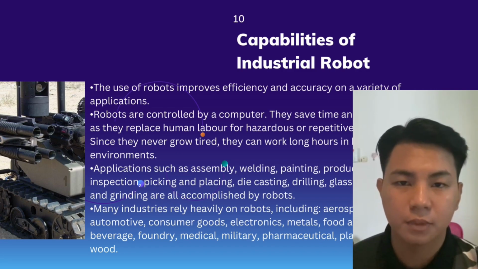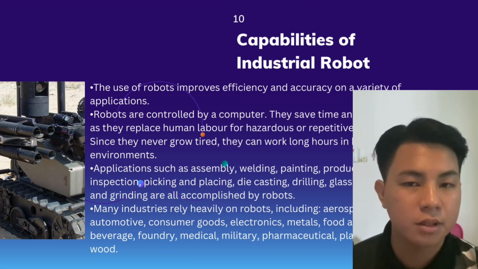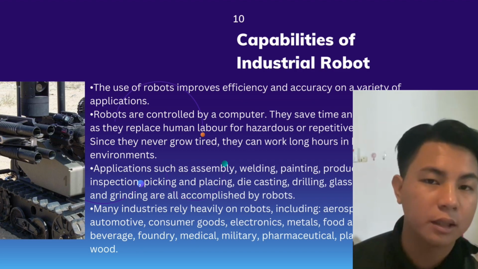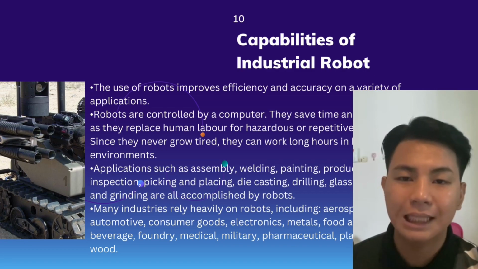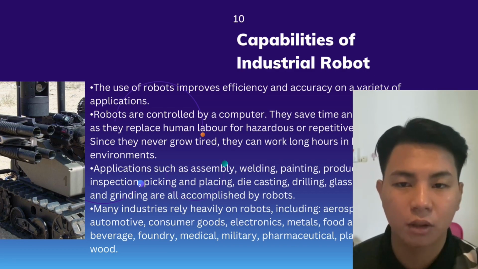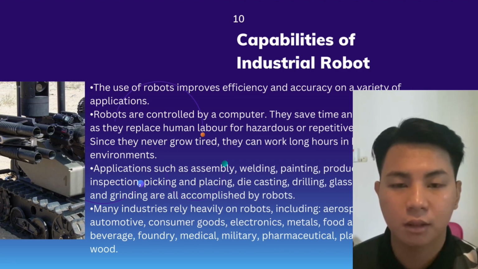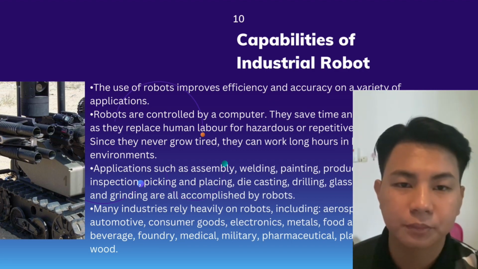Applications such as assembly, welding, painting, product inspection, picking and placing, die casting, drilling, glass making, and grading are all accomplished by robots. Many industries rely heavily on robots, including aerospace, automotive, consumer goods, electronics, metals, food and beverage, foundry, medical, military, pharmaceutical, and plastic and wood.